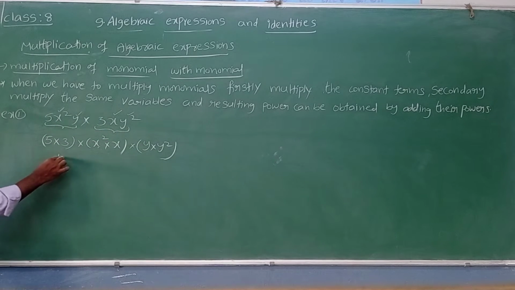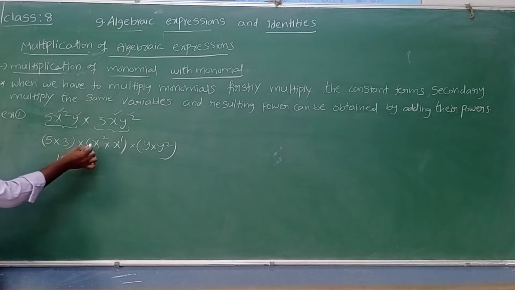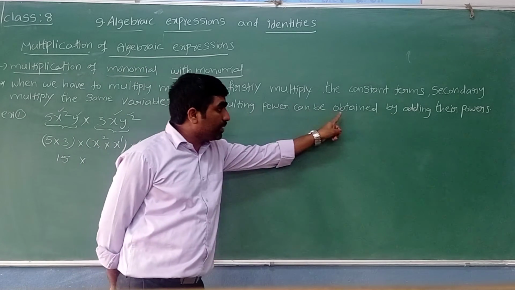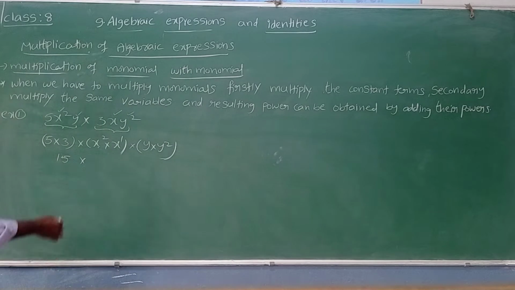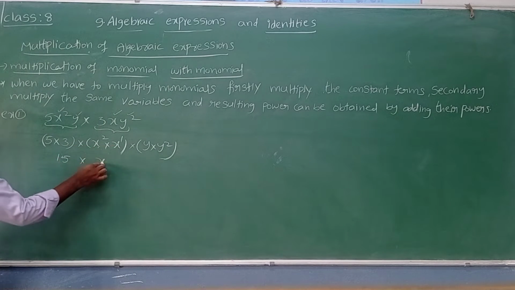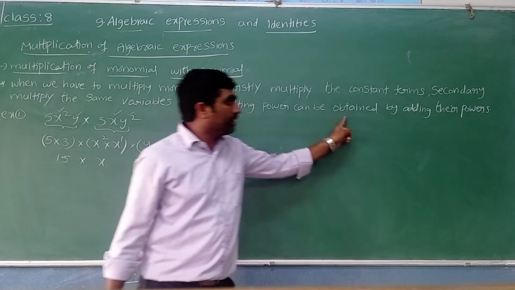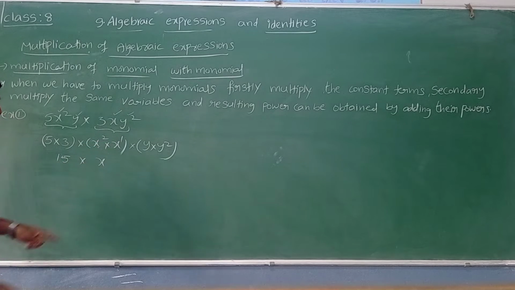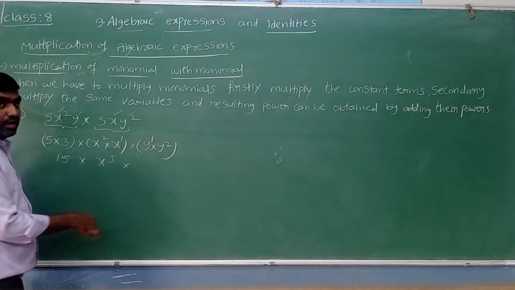5 threes are 15 into x power 2, x power 1. If there is no power, we can write 1.